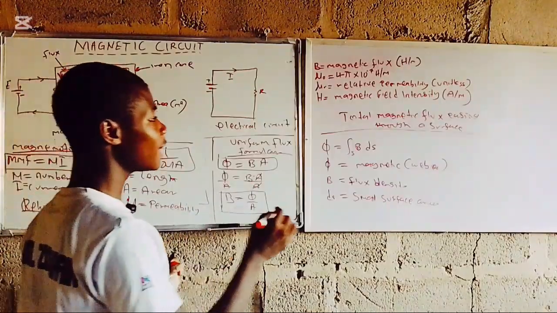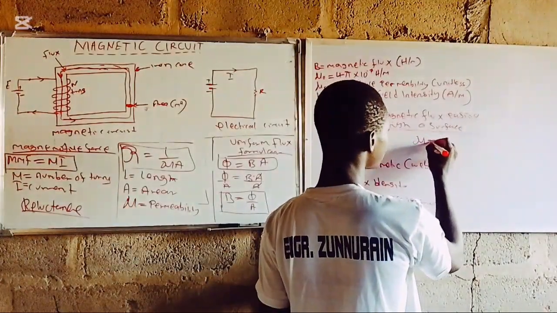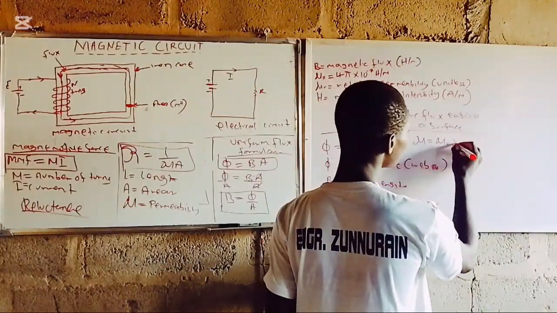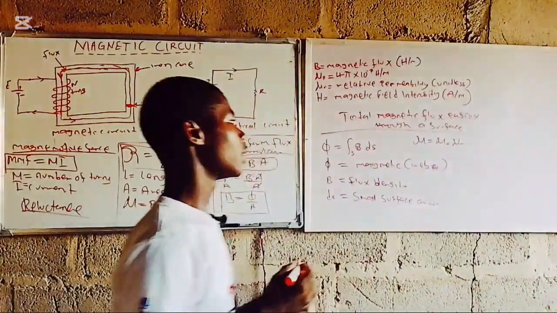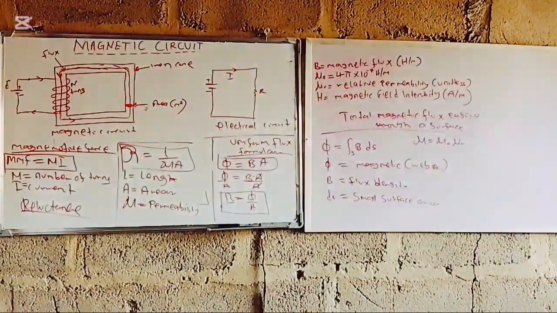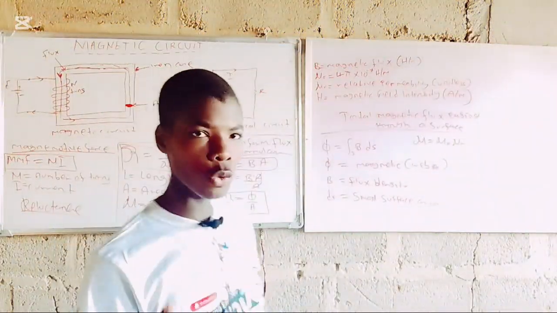Don't forget that permeability is mu naught times mu r, where mu naught is the permeability of free space and mu r is the relative permeability.